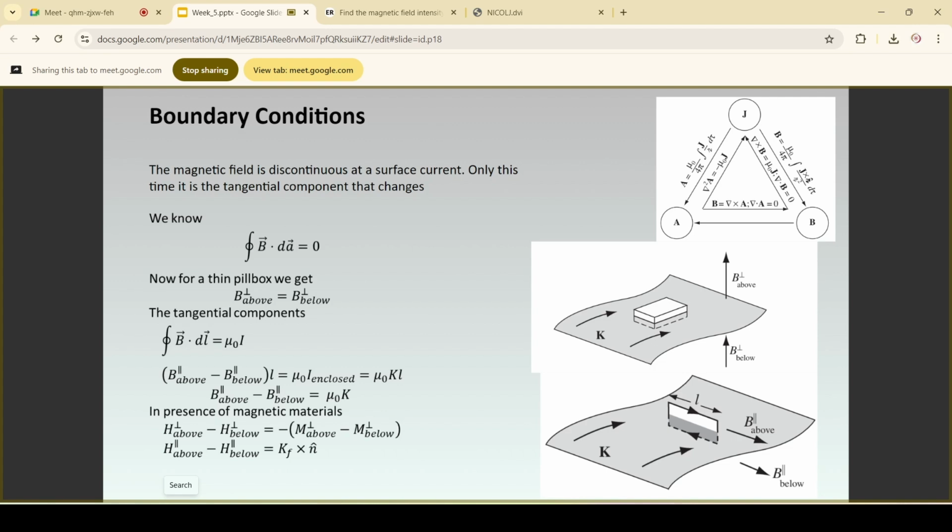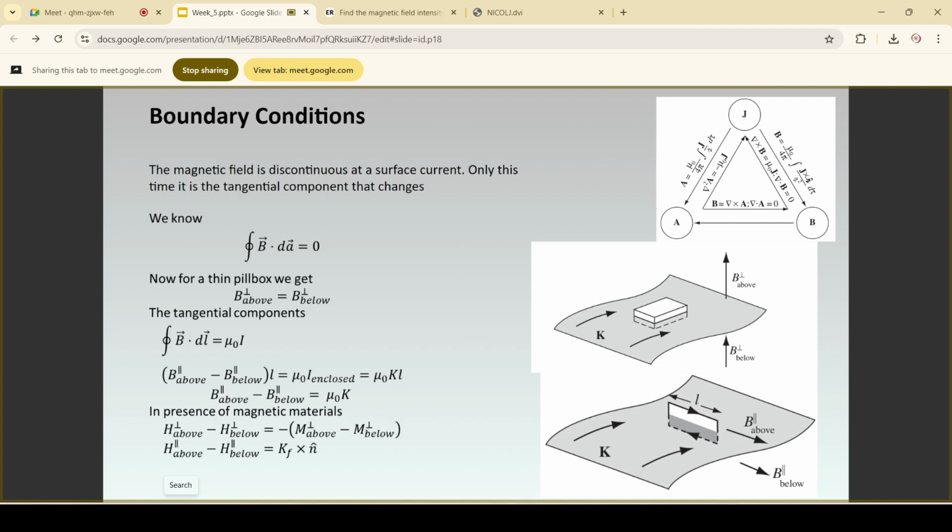So we can equate from here, so we know these two things.